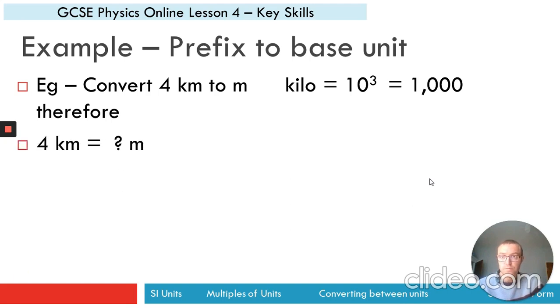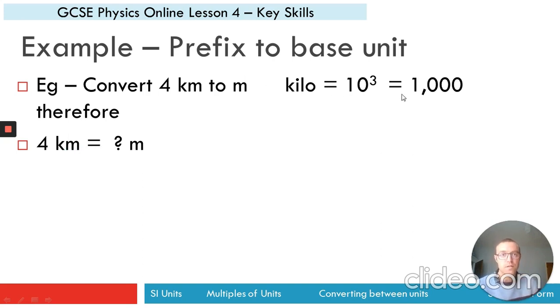So, we can write out: 4 kilometres is equal to how many metres? You write in a question mark, write it out like this. If you do it this way for every single conversion until you get very used to it, very good at it, then you don't have to write it out in full. But if you write it out like this for now, then you won't go wrong. 4 kilometres is how many metres?